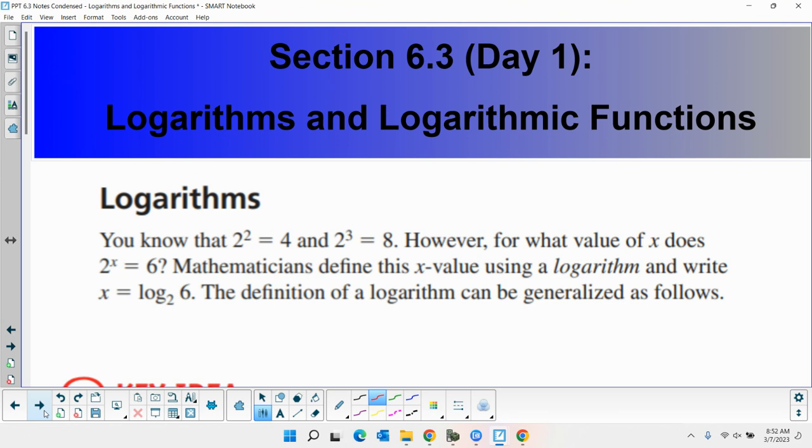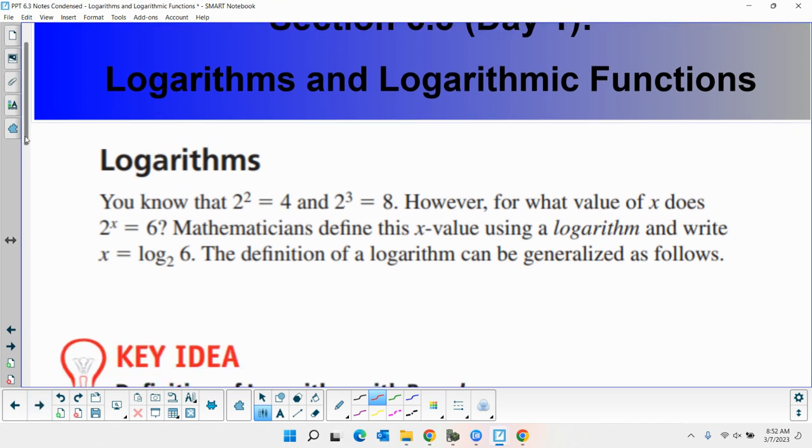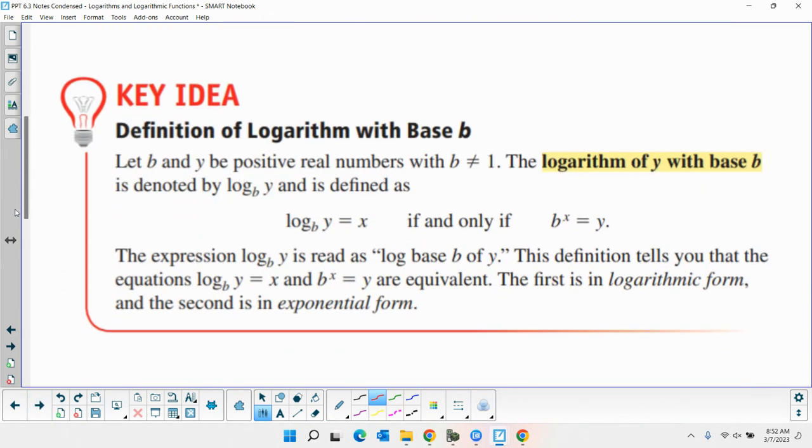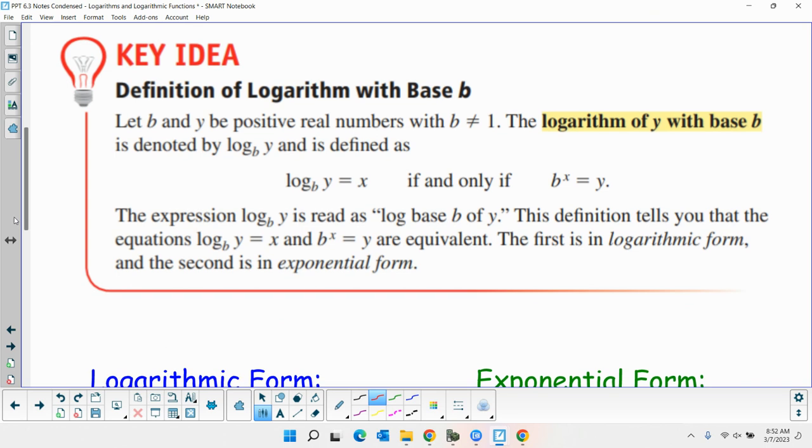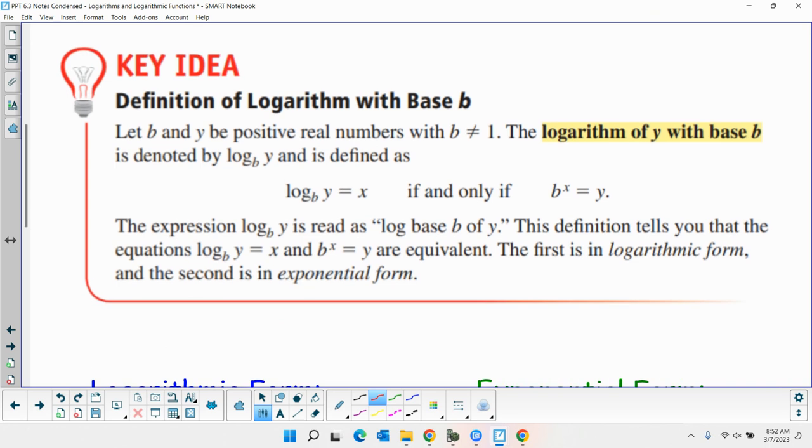The definition of a logarithm can be generalized as follows. Let b and y be positive real numbers. b can't be 1 because b is our base, and 1 to any power is 1. So the logarithm of y with base b is denoted by log base b of y.